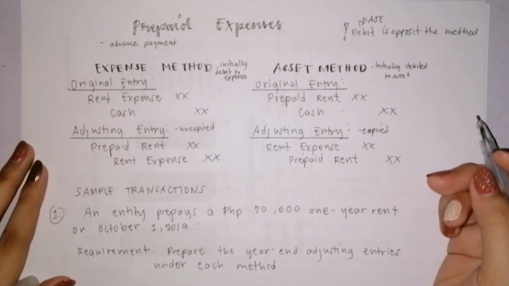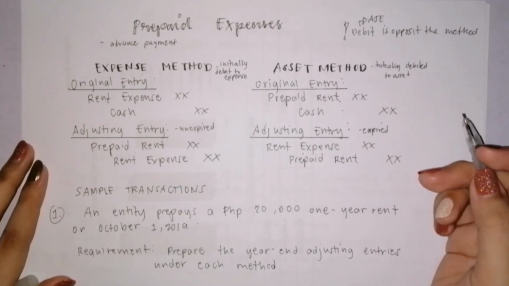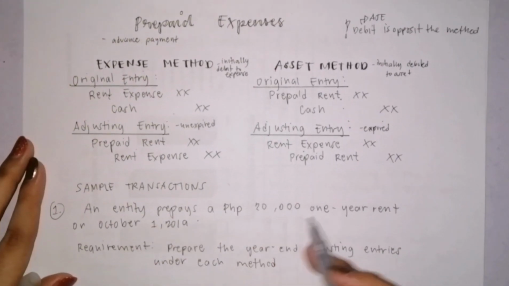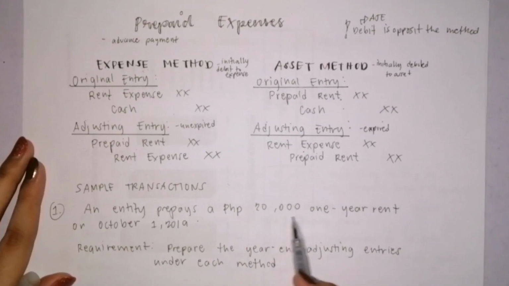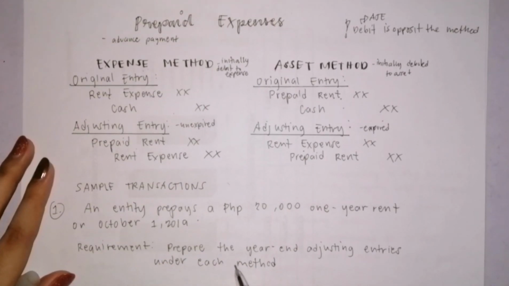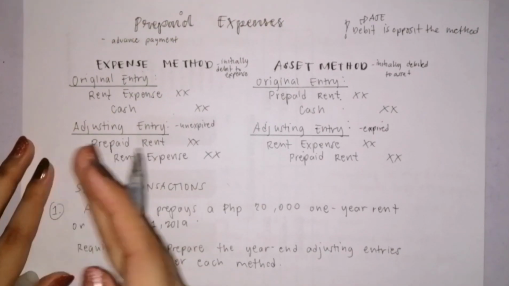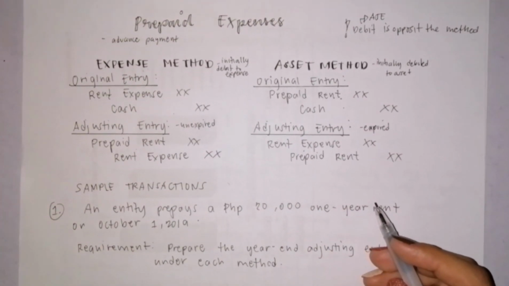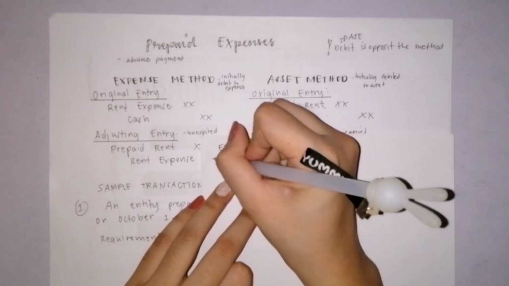So to further understand the adjusting entries to be made for prepaid expenses, let's have some sample transactions. The first one, an entity prepays a 20,000 one-year rent on October 1, 2019. The requirement is to prepare the year-end adjusting entries under each method. We're going to compare the expense method and the asset method, starting with the expense method.